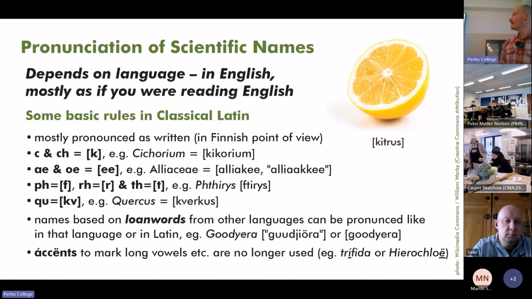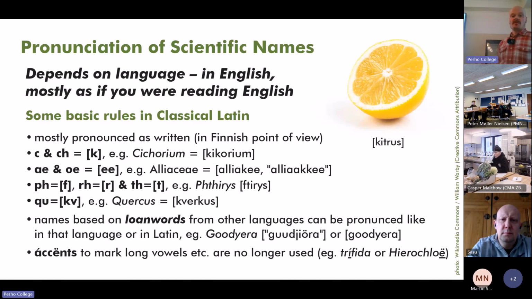Well, in Finland, we use classical Latin and classical Latin pronunciation. I don't know about Norway and Denmark. Yeah, sorry, but that's another thing that you will have to find out yourselves.